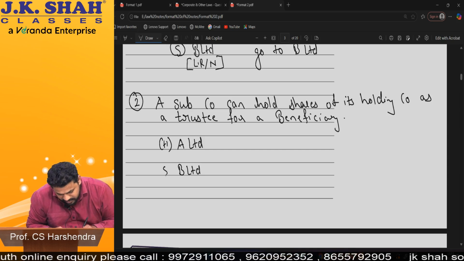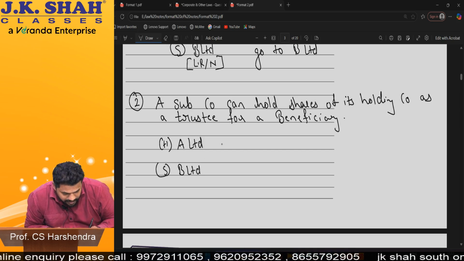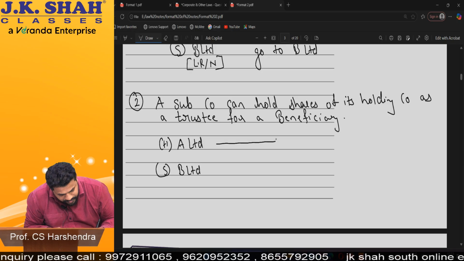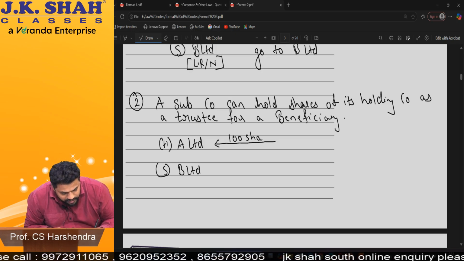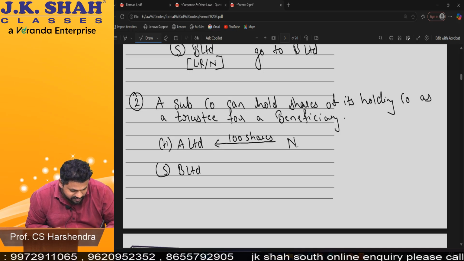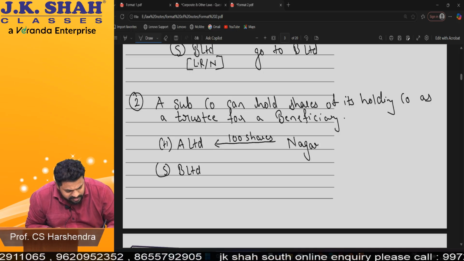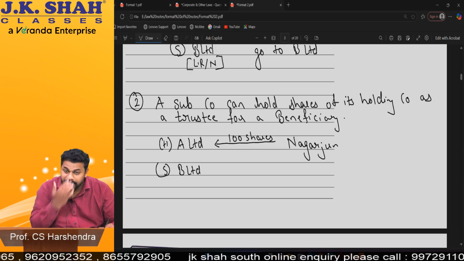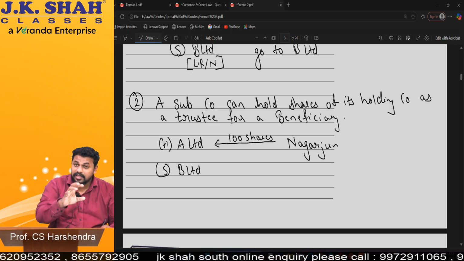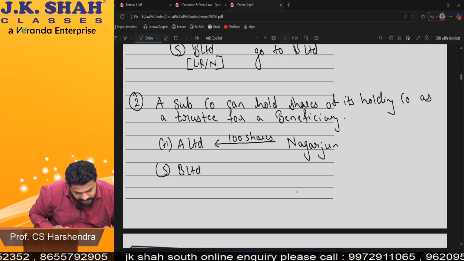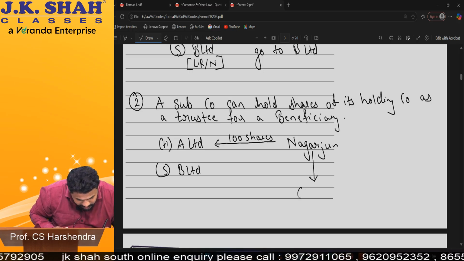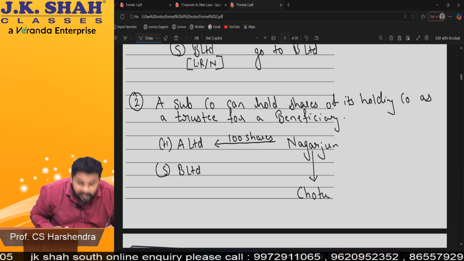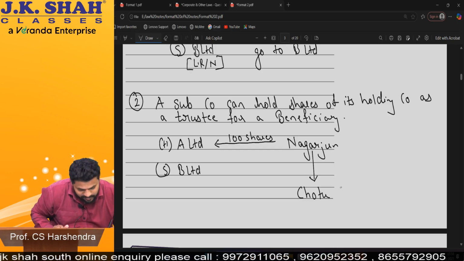What is that twist? Same A Limited's 100 shares are held by whom, beta? Mr. Nagarjun. And Nagarjun has a son, named Chotu.